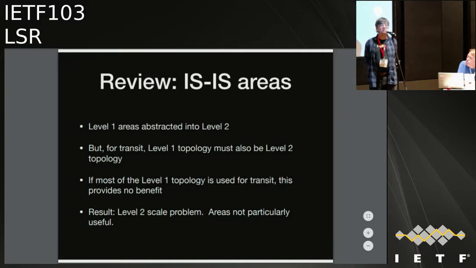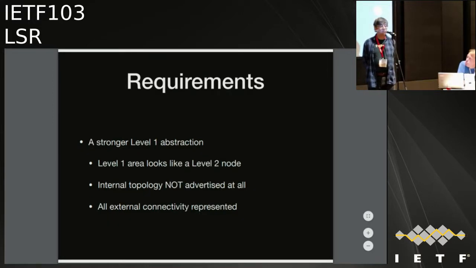That's a scale problem. We really like to be able to build areas and have them really be an abstraction, so that we don't push all of this data up into level 2 and cause level 2 to congest. So how can we fix this? What we'd really like is a different level 1 abstraction where a level 1 area just looks like a single level 2 node.